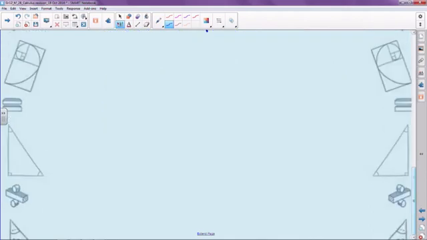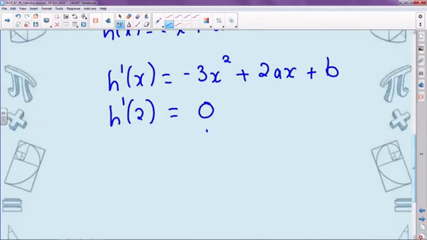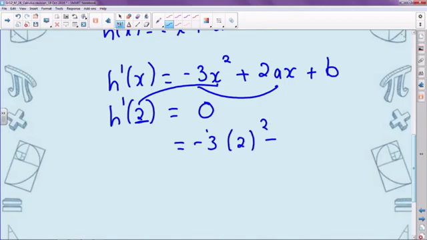So I now replace the x value with 2, and that will give me one equation in terms of a and b. So I'll get the following: minus 3 times 2 squared plus 2a times 2, plus b.